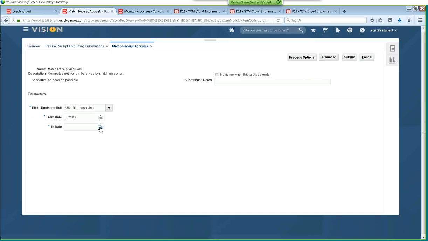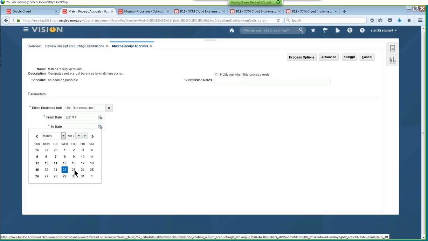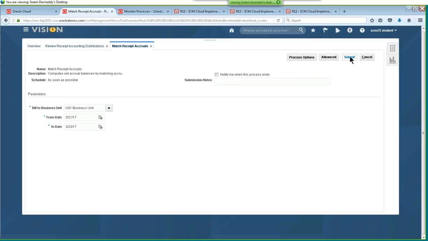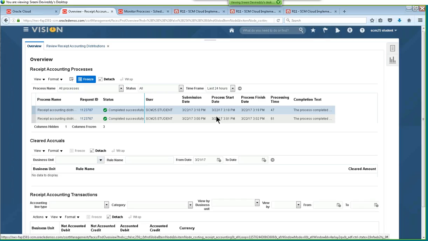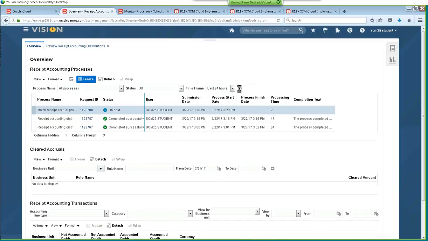Let's do the matching from yesterday to tomorrow. Make sure today is fully captured and submit it. This is a quick one. Then we'll run the reconciliation report.